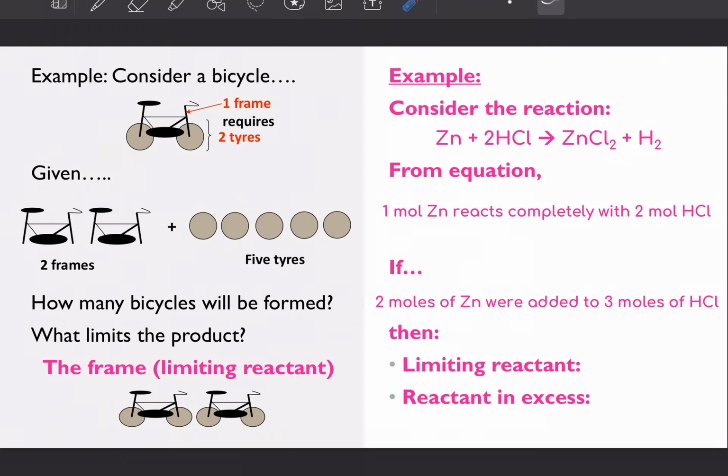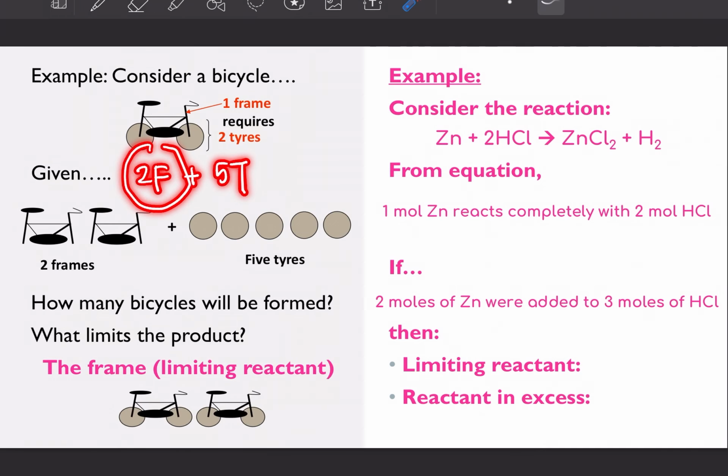So let's say lah if we have 2 frames, okay, and 5 tires. Alright, macam kat bawah ni. Okay. Siapa yang akan melimitkan the amount of bicycle we will produce? The product. Frame ke tire? It will be the frame. Okay, in this case it is the frame.